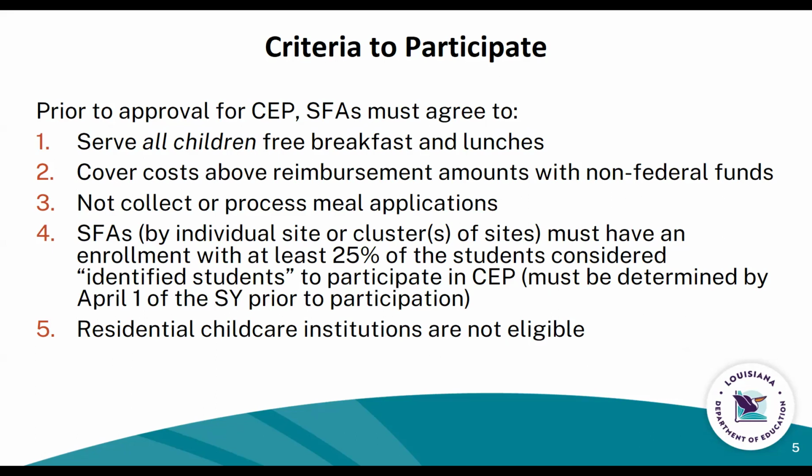Your data point must be as of April 1st of the school year prior to participation, so April 1st, 2024 for the school year 24-25. And residential childcare institutions are not eligible to participate in CEP.